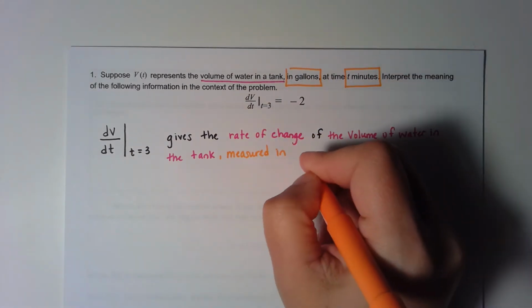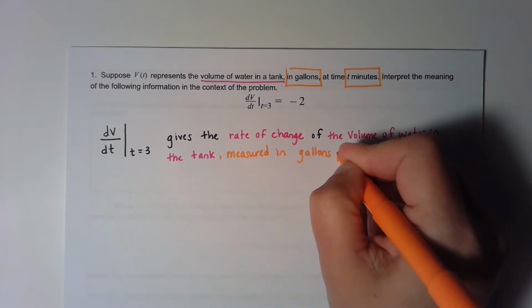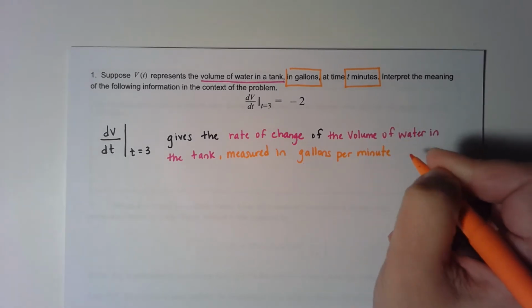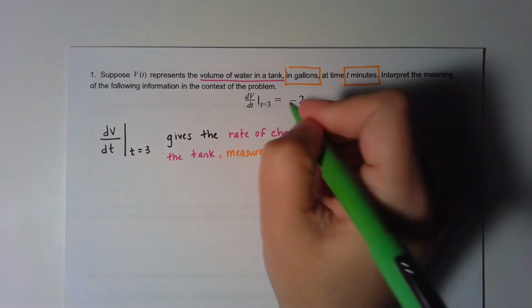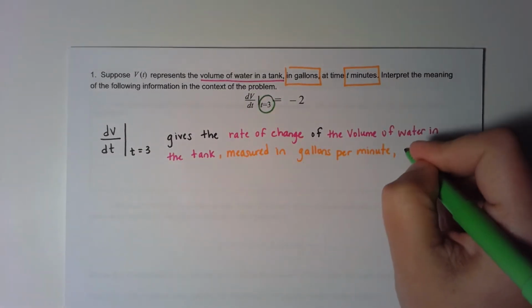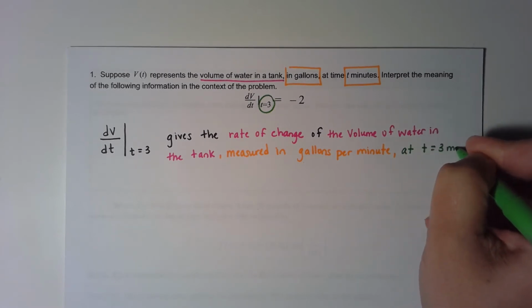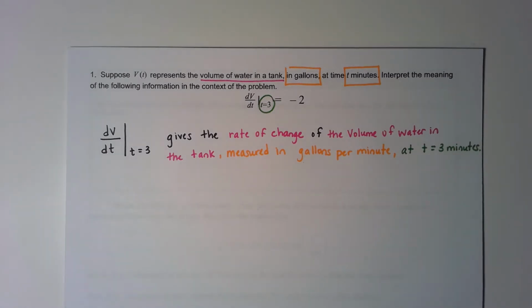If we divide those units, it would be gallons per minute. And then we need a time. It is telling me specifically we're looking at what's happening when T equals 3, so at T equals 3 minutes. So we've got our noun, our units, and our time.